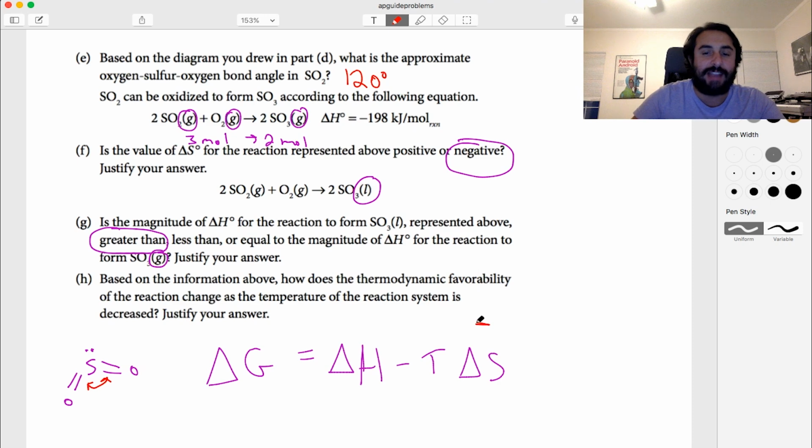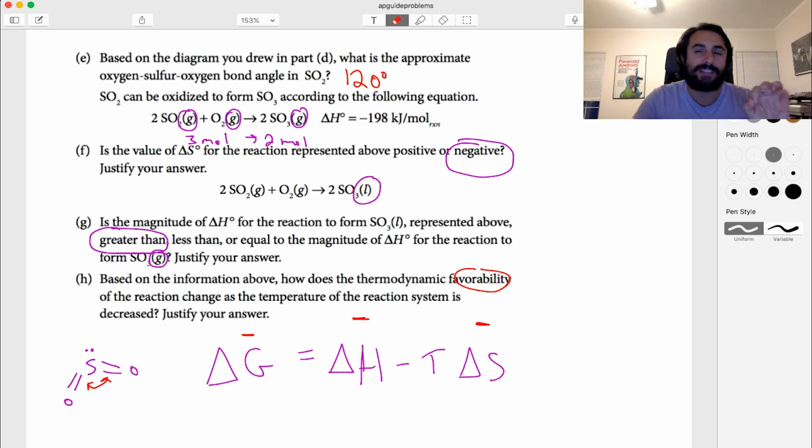So that's negative, right? And then delta H, we know also is negative. And thermodynamic favorability, right? If it's thermodynamically favorable, it's spontaneous, which means a negative delta G, right? So this is a situation where we have a negative delta H and a negative delta S. A negative minus a negative could be negative or positive, right?